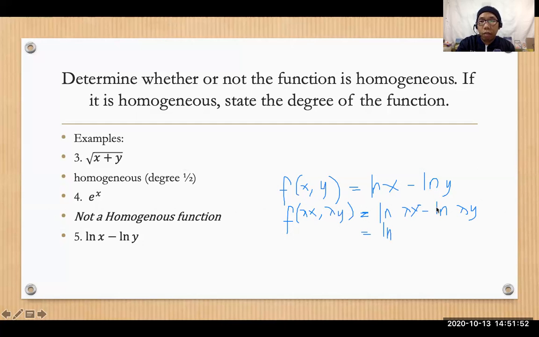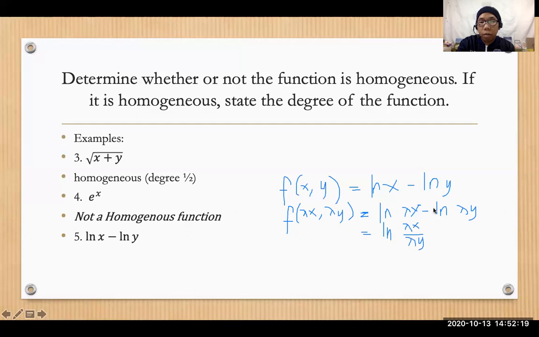We can utilize the property of logarithmic functions, where if it's minus, the argument becomes the ratio of the arguments. The first term will be the numerator, lambda x, over the second term, which is the denominator in your argument, lambda y.